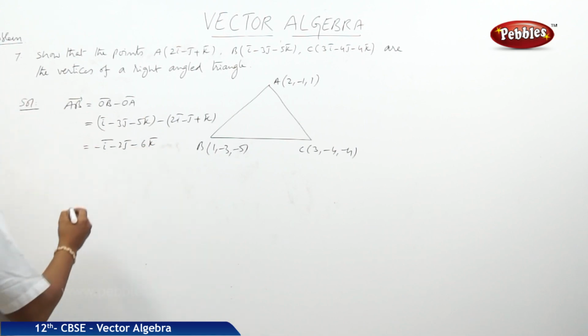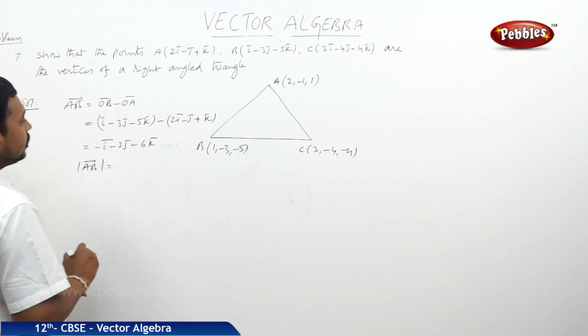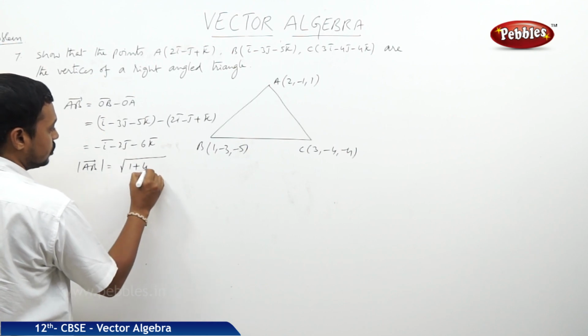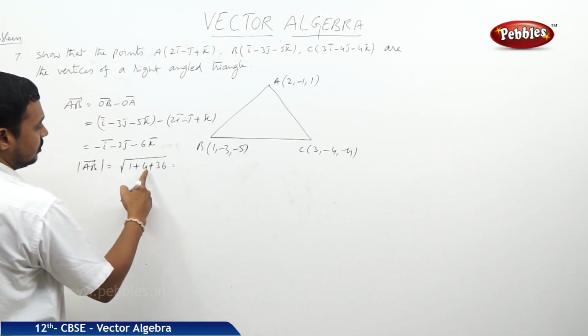Now let us find its magnitude. Modulus of AB vector is equal to root of minus 1 whole square 1, minus 2 whole square 4, minus 6 whole square 36. So that it is root 41.